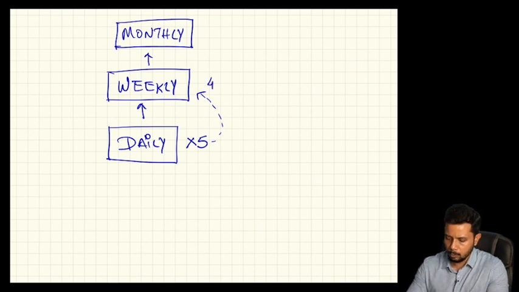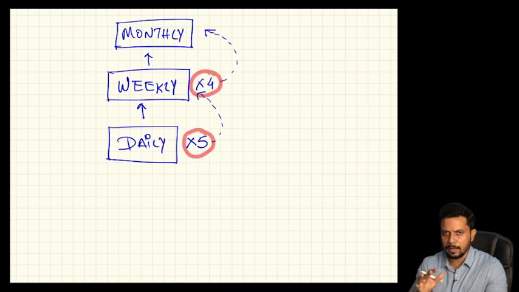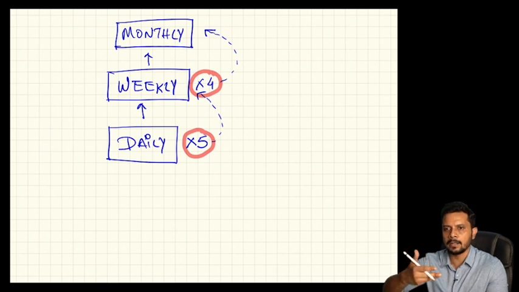So 4.2 if you ask me, it is going to take me to the monthly chart. So if you pay attention, we are using a multiplier of around 4, 4.5, 5 to go to our higher time frame, and this progression is very natural. All right, daily to weekly and weekly to monthly on the charts is very natural.